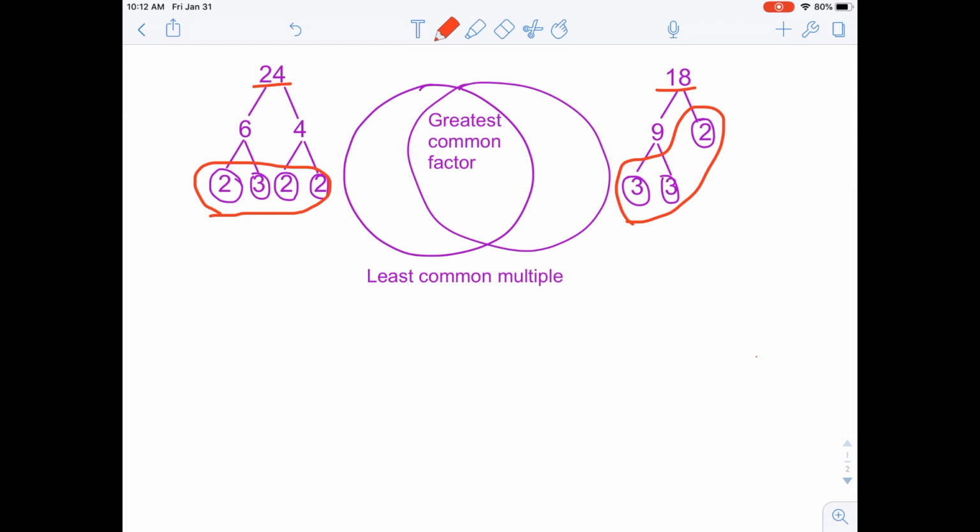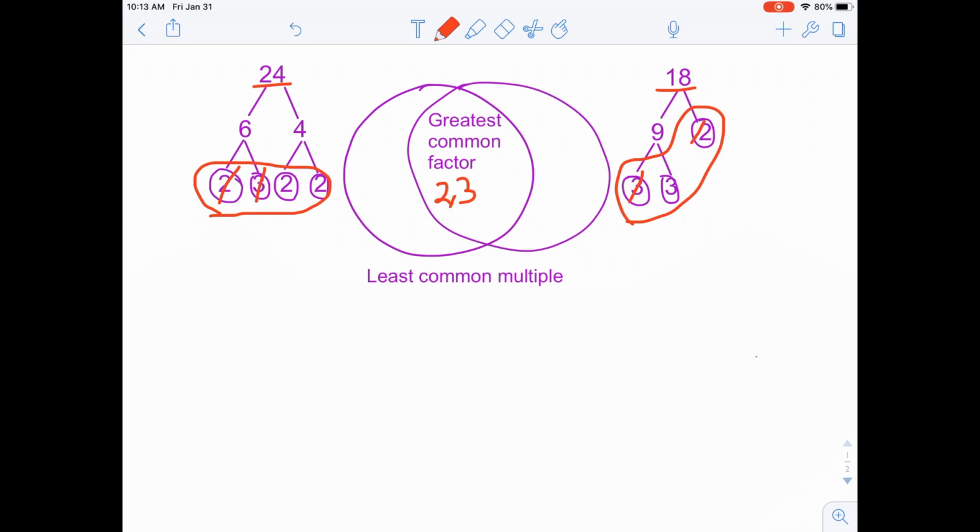Now, to find the greatest common factor between these two numbers, I have to look to find what numbers are in common. So I'm going through the list here for 24. I see a 2 is a common factor with 24 and 18, so I'll write 2 under the Venn diagram in the center. Another factor that's in common is 3, and so I account for that.